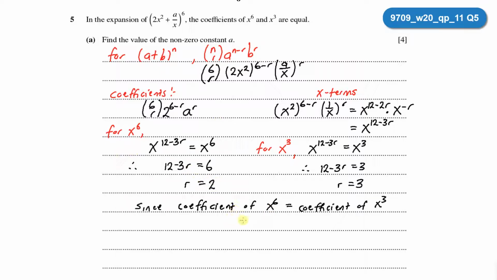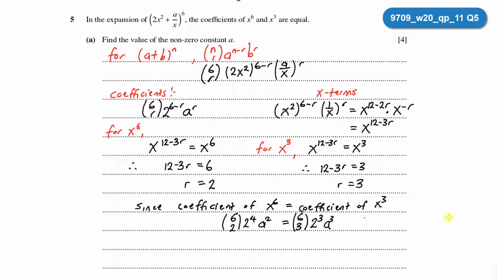So that's 6 choose 2 here, and that's 2 to the power of 6 minus 2, that's 4, and a to the power of 2, so that's a squared. That's equal to the coefficient of x cubed, which in this case r is 3, so that will be 6 choose 3, and that's 2 to the power of 6 minus 3 is 3, and a to the power of 3.